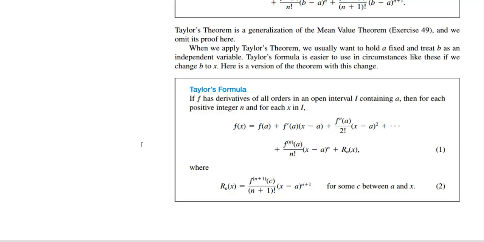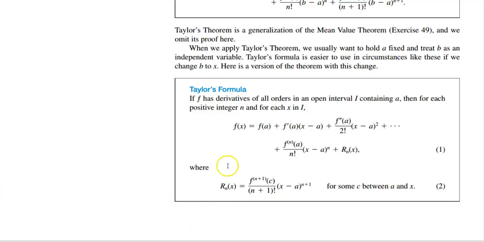But then at the end, our last term is called r sub n of x, where that is equal to f to the (n+1) at c over (n+1) factorial times (x minus a) to the n plus 1 power for some c between a and x.